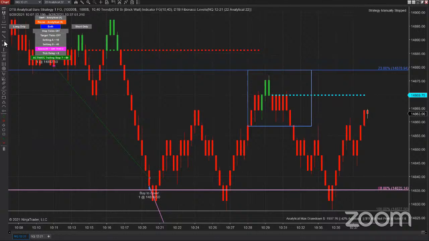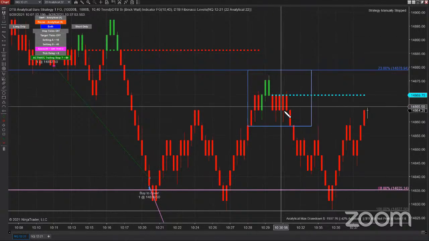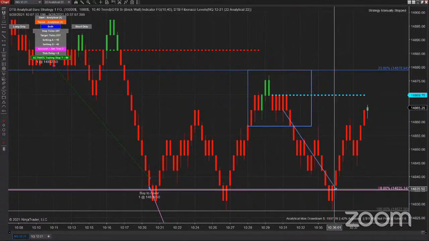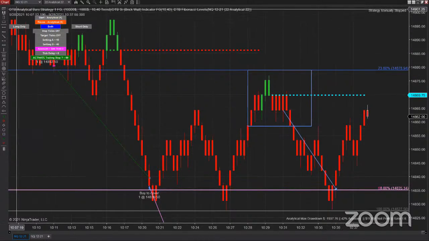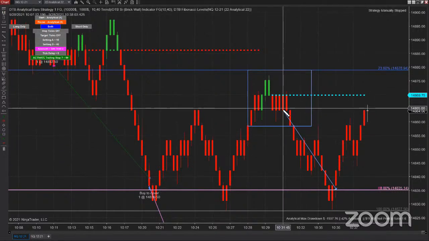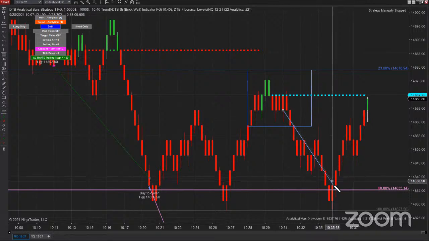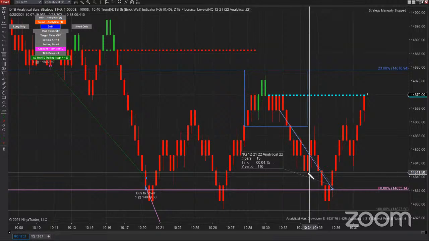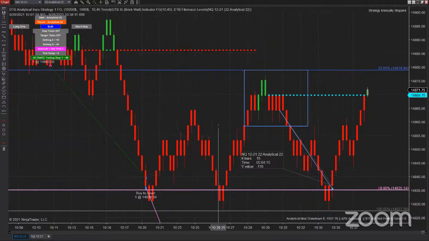Where was that? Even just trading to the fib level itself. Again, you might say, I'm not going to trade to the fib level, I'm going to trade at the close of the bar before the level. You might say that's a 100 tick move. Yeah, you do have a slightly larger stop.